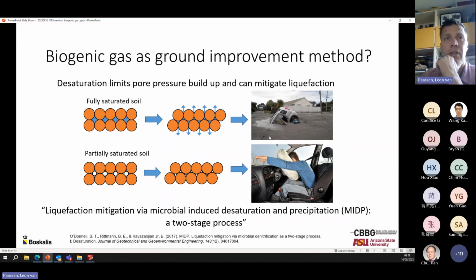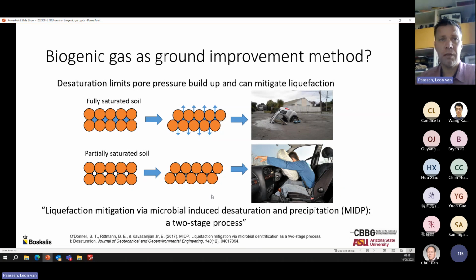So therefore, you can prevent liquefaction from happening, and in that case, you can consider these gas pockets are actually acting like an airbag, taking up the blow from the cyclic movement and then dampening those pore pressure buildups.